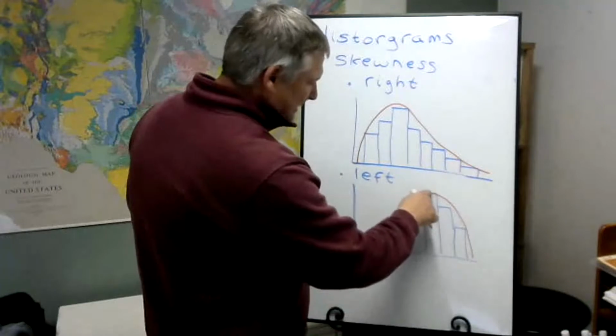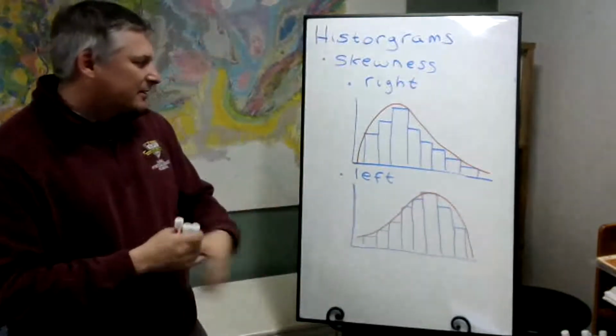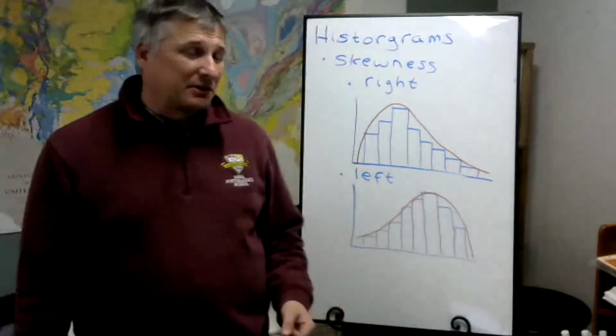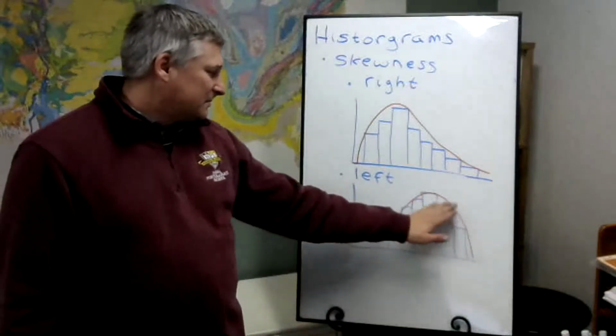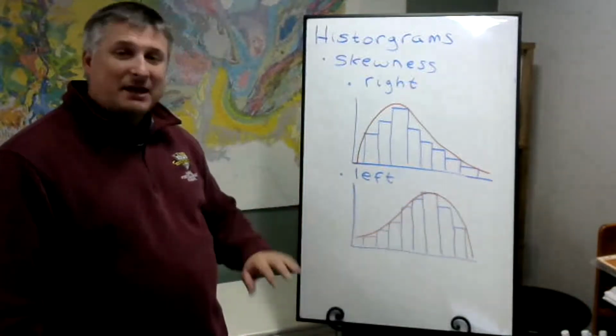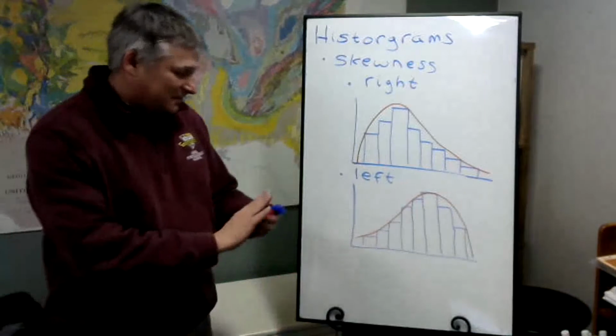So again, we kind of have a peak here, but the peak's not in the center. So we have this sort of tail that goes to the left of our distribution.